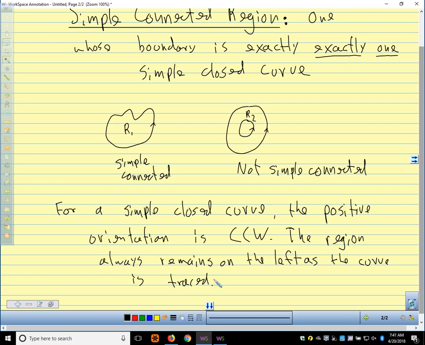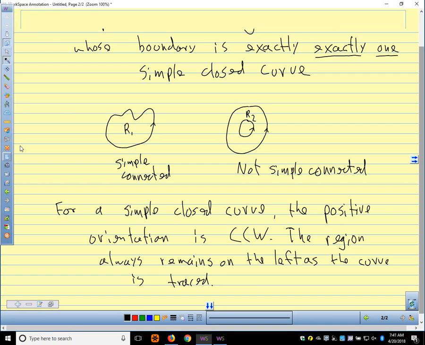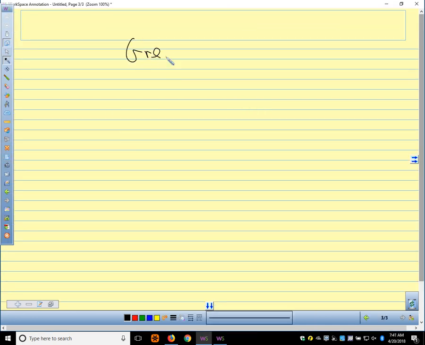All right, so now we're ready to state Green's theorem. Are we good with a simple closed curve and a simple connected region? Okay. Green's theorem says we have a few conditions.